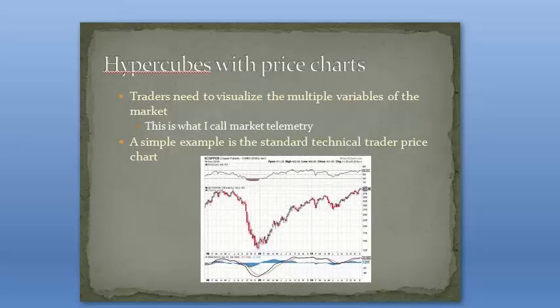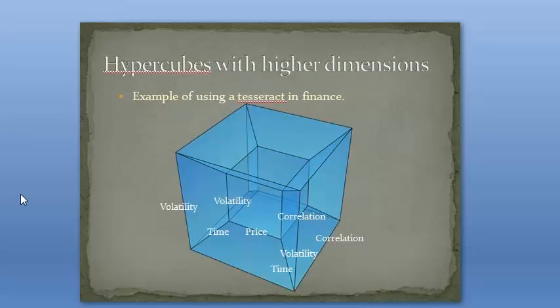And this kind of leads into what I've been developing with my Poseidon software. So hypercubes with higher dimensions, using the Tesseract example for finance. The inside cube I consider as volatility, price, and correlation. I'm paying attention to see if anyone's asking questions.